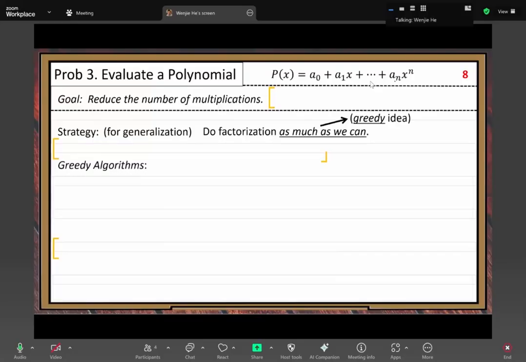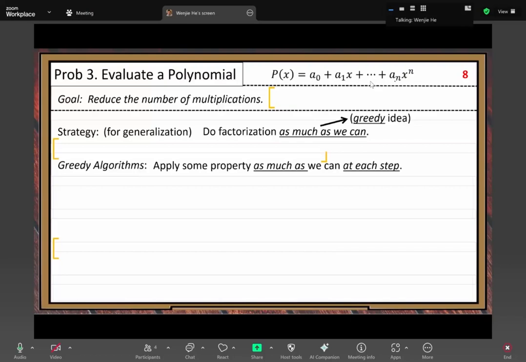What's a greedy algorithm? Apply some property as much as we can at each step. At each step, you apply some greedy strategy. In a greedy algorithm, you need to define your greedy strategy at each step. For different questions, your greedy strategy is different.